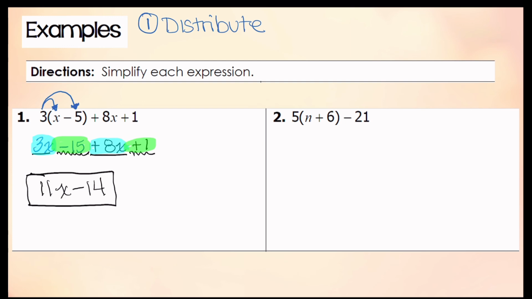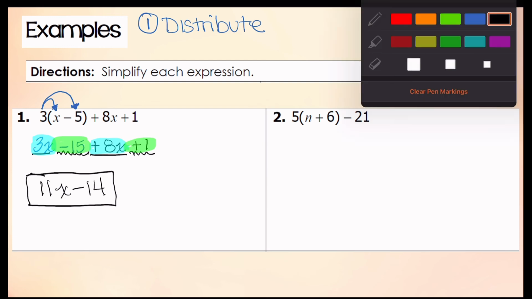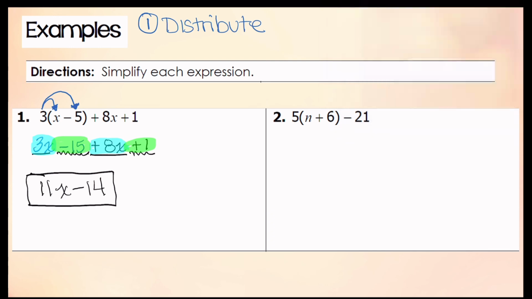Okay. Let's go take a look and let's try it over here. Okay. I'm going to do the 5 to the n. So that's 5n. I'm going to give my 5 to my positive 6 to give me positive 30. Now let's look again. This negative 21 is just going to come down. I haven't touched it.